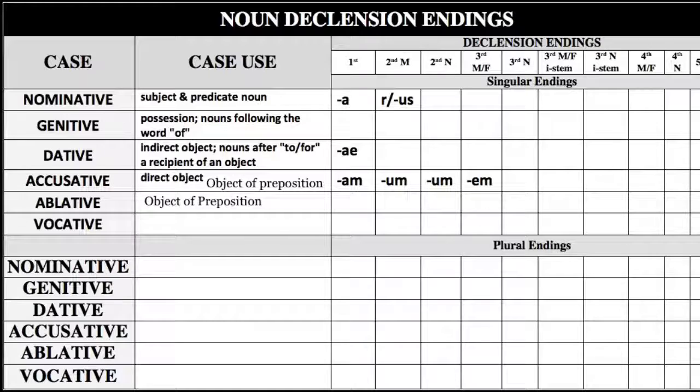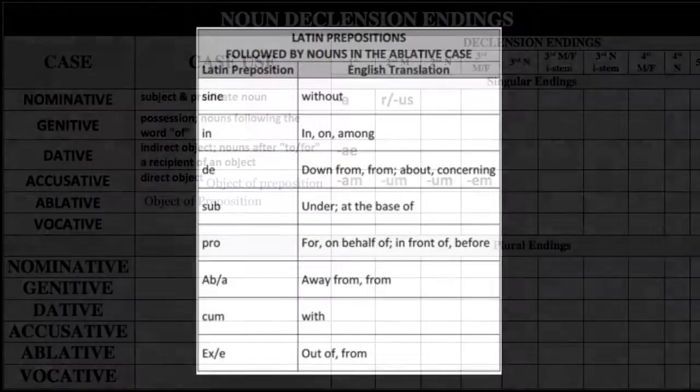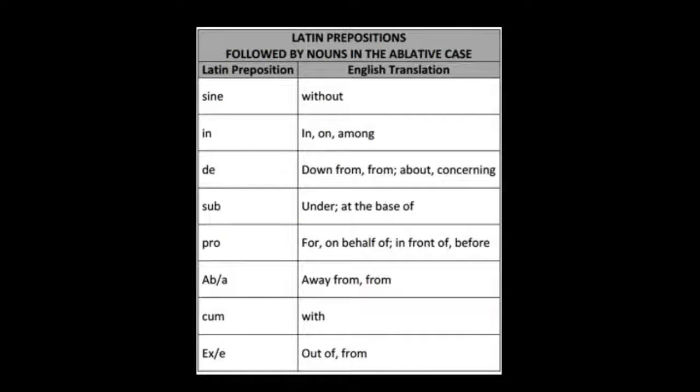The next case name on our list is the ablative case. Say the name with me. Ablative. Please make sure to write down that it is an object of a preposition and save some space because there is also another way that the ablative case can be used.